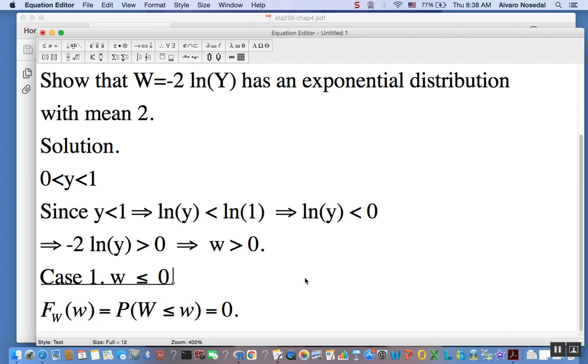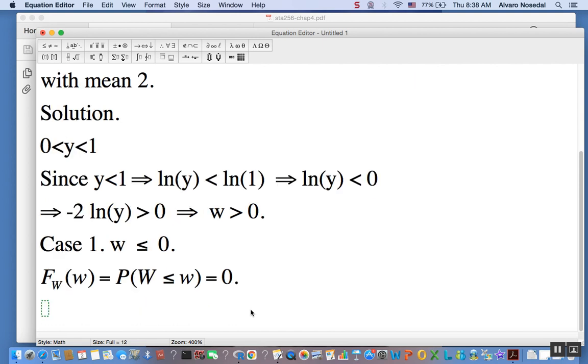Make sense? So first case, when w is less than or equal to 0, the probability that uppercase W, the new transformed random variable, is less than or equal to a number that is negative, is 0. So that's the first case.